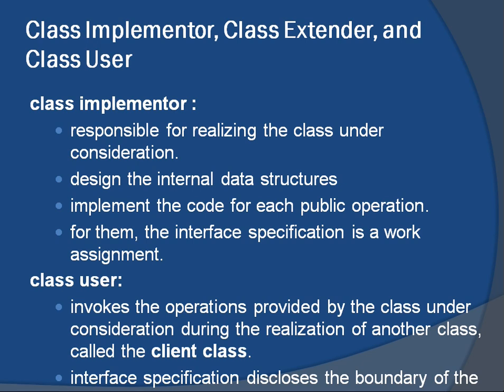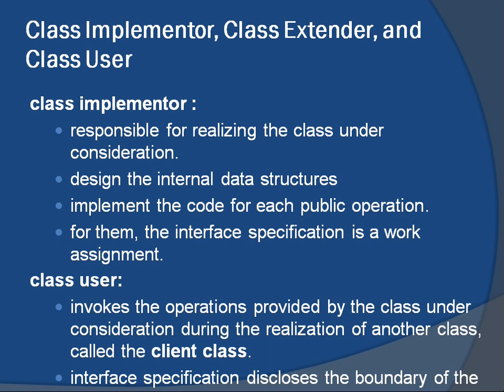Further implement the code for each public operation. And for them, the interface specification is a work assignment. Class user invokes the operations provided by the class under consideration during its realization of another class called the client class.